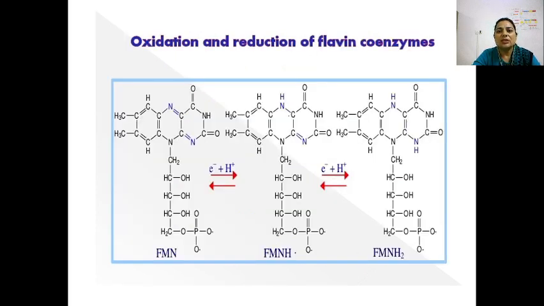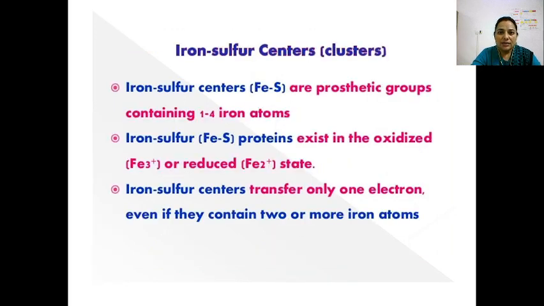Oxidation and reduction reactions of the flavin coenzymes, that is FMN is converted to FMNH and then to FMNH2. Then iron sulfur centers or the clusters. Iron sulfur centers are prosthetic groups containing 1 to 4 iron atoms. Iron sulfur proteins exist in the oxidized or the reduced state.